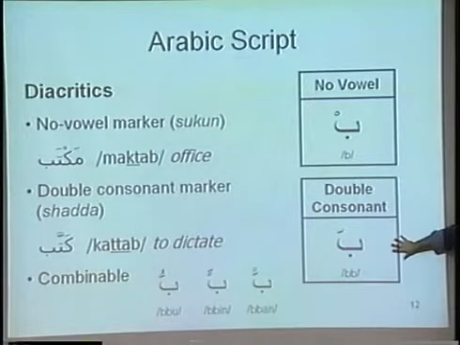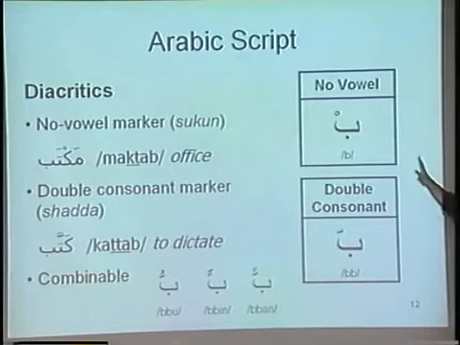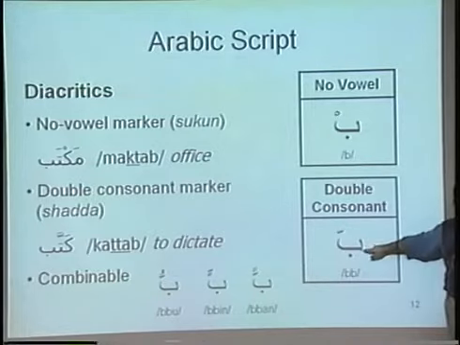And also you get a double consonant marker. This is a shedda. This is a special case among the diacritics because all of the other ones that we saw, well, I suppose the nunation had some consonantal piece to it, but they really had to do with the vowels. And here you're actually talking about the consonant. This basically says that whatever consonant I'm on, double it.